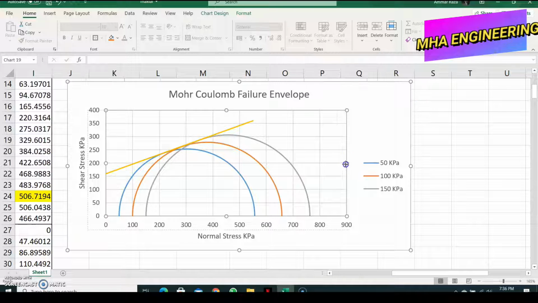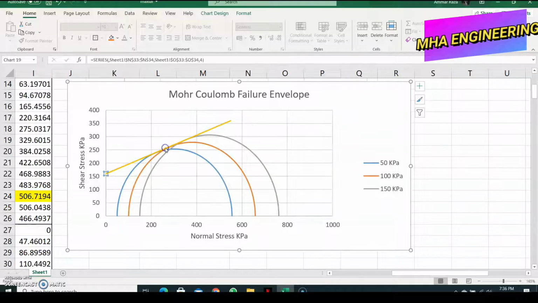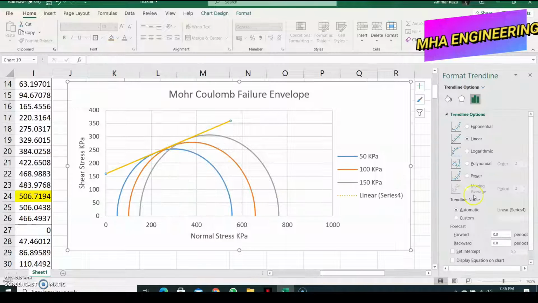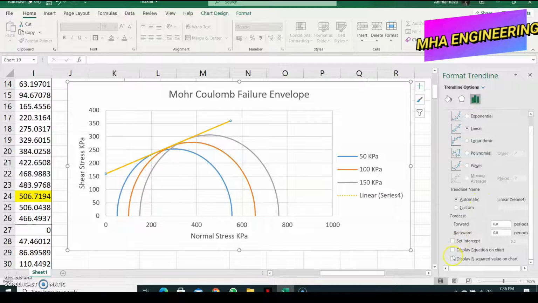So next we will just add a trend line and then display the equation of this line. So the equation is displayed. Our intercept is 160 and our slope is 0.3636.